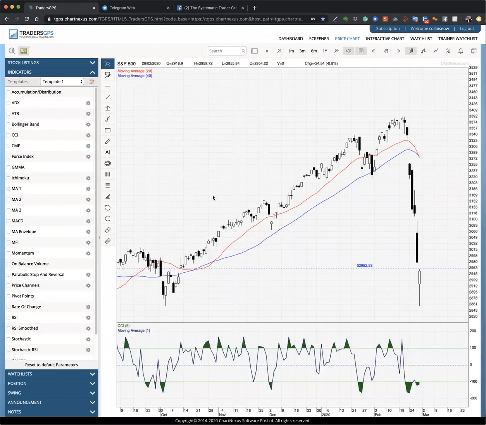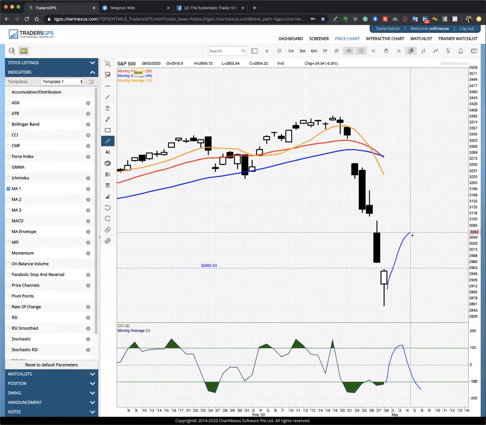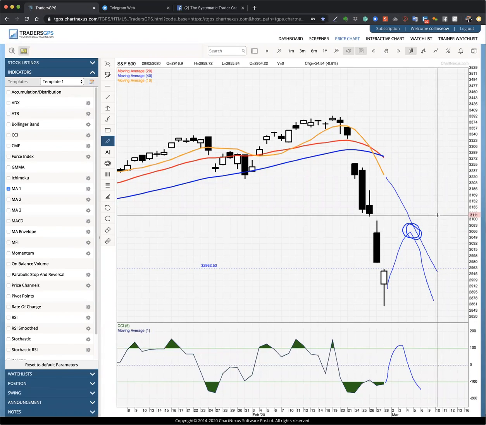But when the MA starts to catch up and the price starts to go up higher, we don't know when, then in the future we will have a chance to go short. This is for the S&P index daily chart.